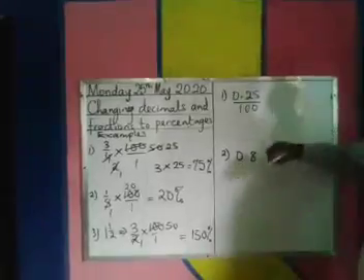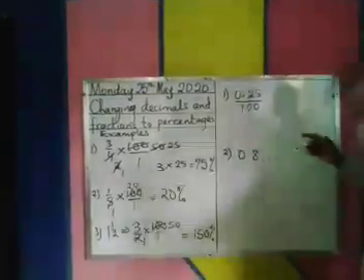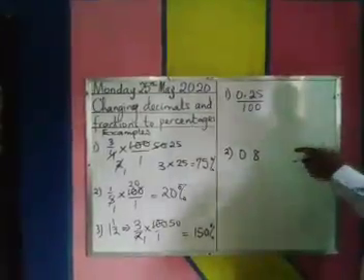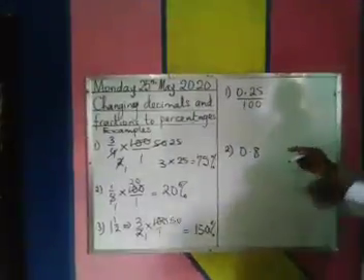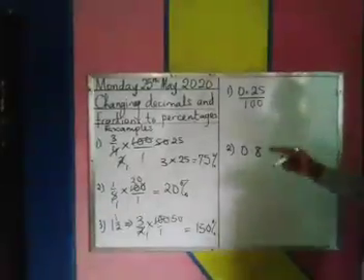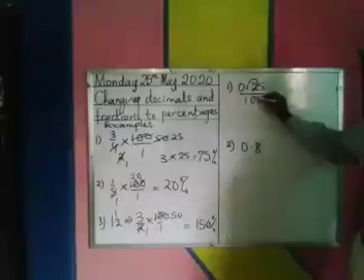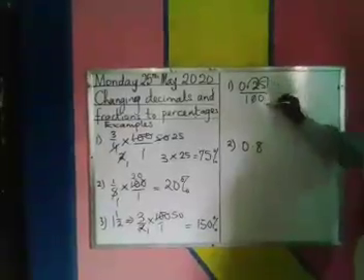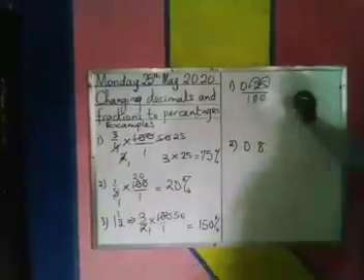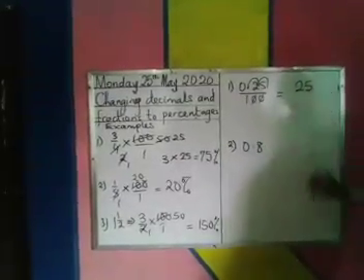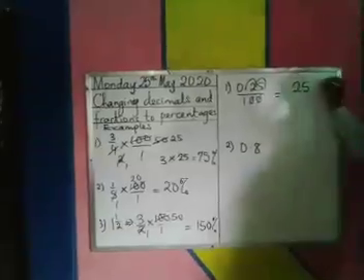Now, this time around, to the right. Remember the other one when you wanted to change from percentage to decimals, you did to the left. This time is to the right. To the right, 1. To the right, 2. Okay? If you've done it that way, you have 25. That is 25%.